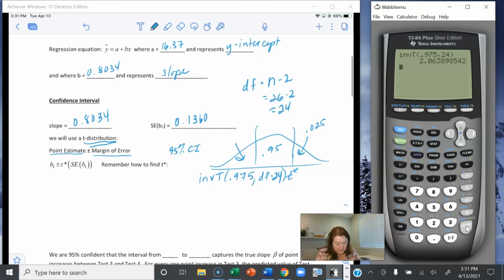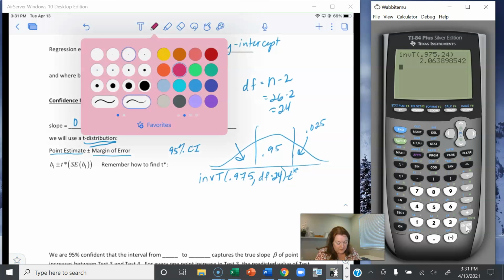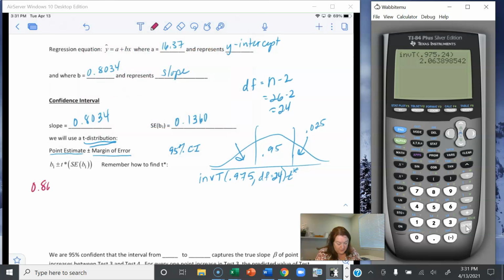So we start out with what we know: 0.8034. If you ask me what's the guess of the slope, that's what I would give you. Then we do plus or minus the t star score, 2.0639, multiplied by the standard error.